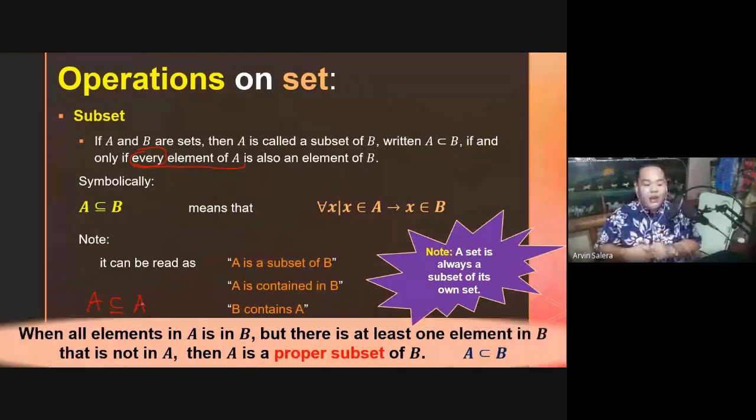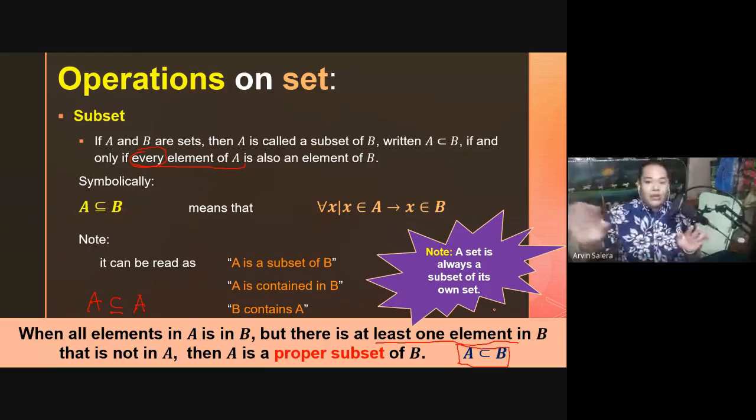Okay. When all elements in A are in B, but there is at least one element in B that is not in A, then A is a proper subset of B. Now, kanina nga akong gidiscuss, A is a proper subset of B when there is at least one element nga naa ni B pero wala kang A. Ito akong example ganina, A, 1, 2, 3, 4.